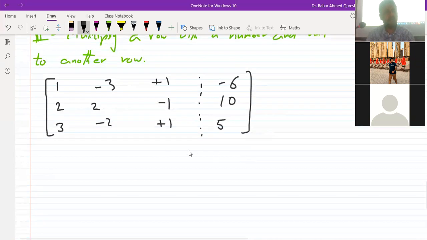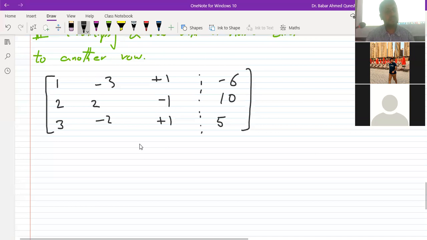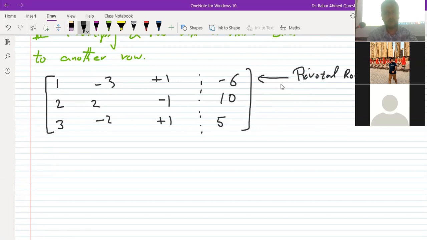And you wanted to eliminate the x. So in this thing, it would correspond to bringing this column into the form that you have two zeros over here. So start with this number. We're going to leave this row unchanged. So this is called the pivotal row. And this is the pivot.